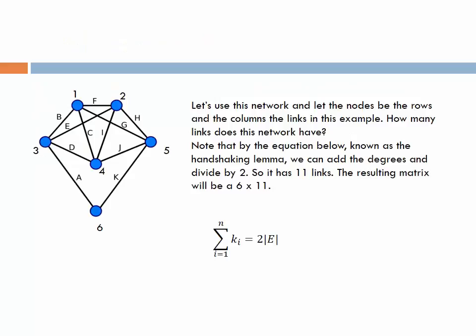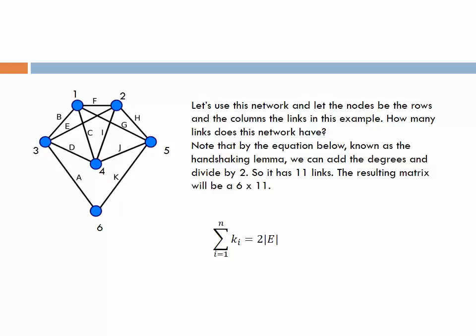So let's use this graph to illustrate the incidence matrix. Since the nodes are numbered, it's easy to see that we have 6. So we should have 6 rows. Now how many links, how many edges, that will tell us how many columns. This is a good place to introduce the handshaking lemma because we want to count the number of edges.